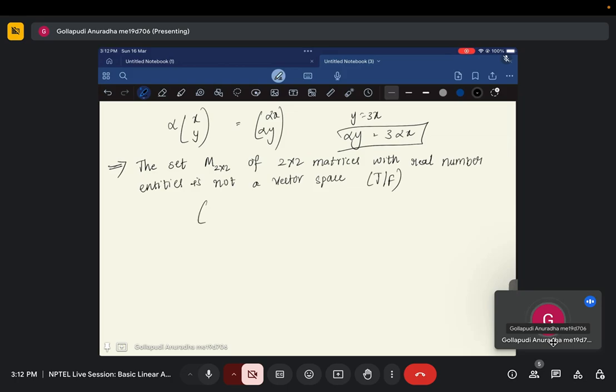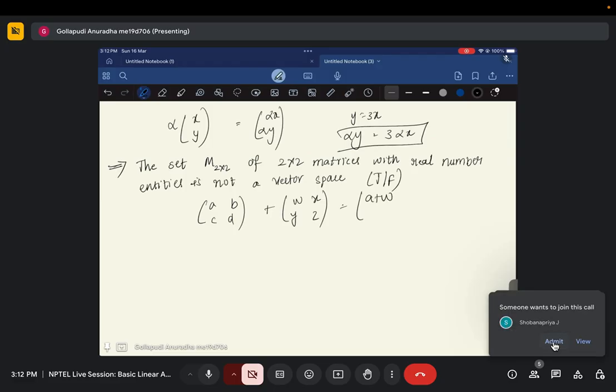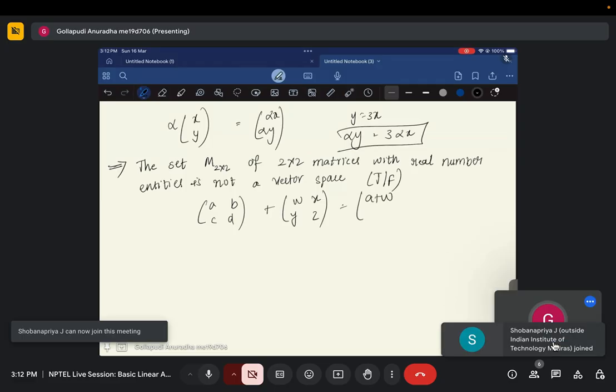So for example, if you take a, b, c, d as some 2 by 2 matrix, and you add some other matrix to it, addition will be satisfied here, as we know. So this is going to be a vector space.